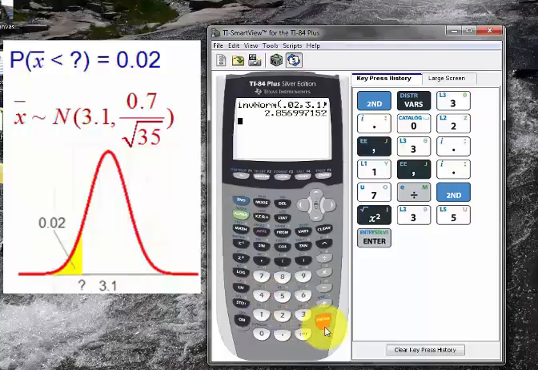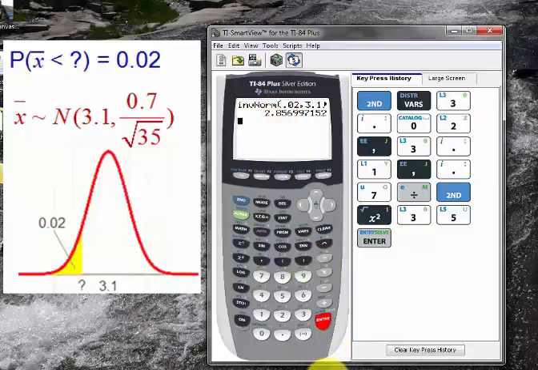I hit enter, and there it is. So that means that the second percentile for classes of size 35 will have a GPA of about 2.86.